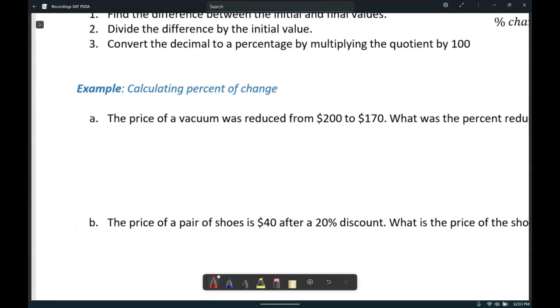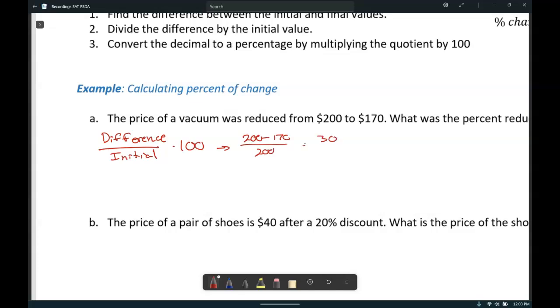And so again, we look at our original formula where we're looking for the difference divided by the initial, and then we want to multiply that value by 100. So the difference is going to be 200 minus 170 over the initial value of 200.